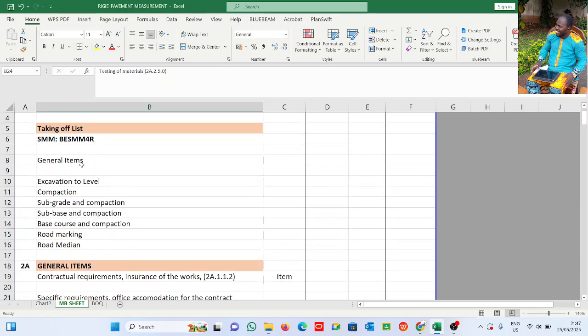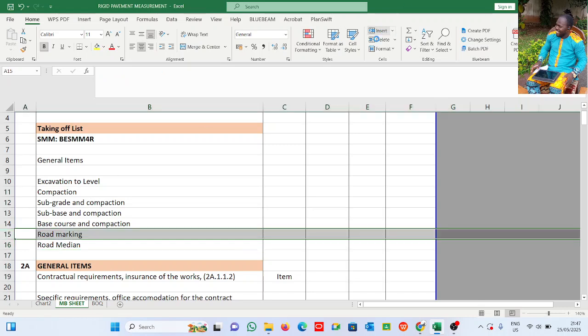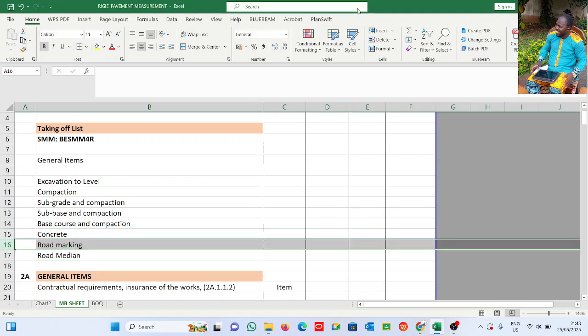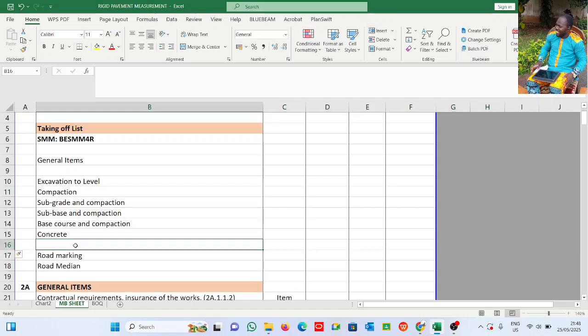We have general items. We have of course the excavation to level, compaction, the subgrade, the sub base, the base course, the road marking, and then the road median. This is the concrete. Let me add a few. We have concrete, and let me say reinforcement also.